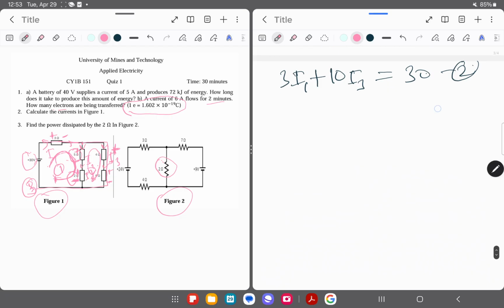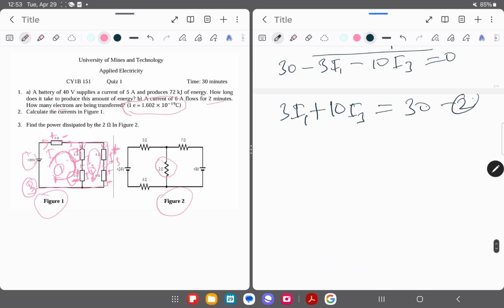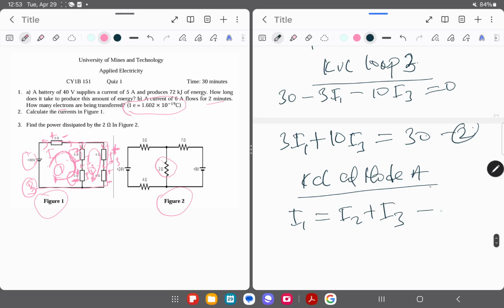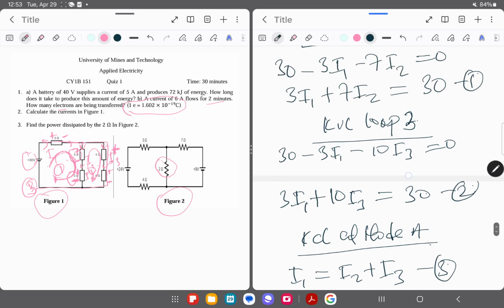So I can write the equation using Kirchhoff current law at node A. The sum of current entering will be equal to the sum of current leaving, so I1 equals I2 plus I3. Now this is going to be our third equation, equation 3.